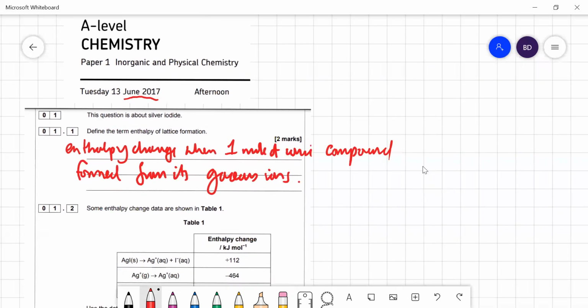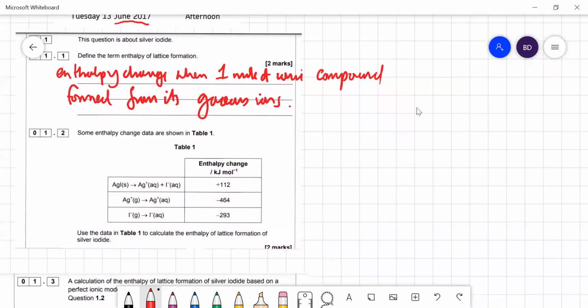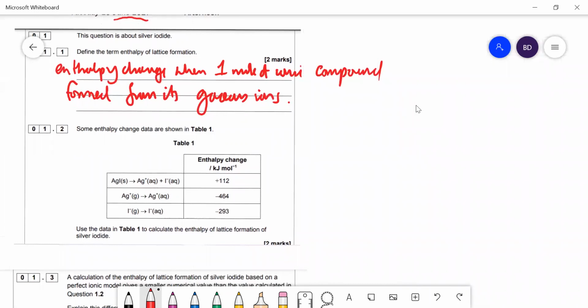Okay, so some enthalpy change data is shown below. So it's giving us, right, this is called a delta H solution, when you dissolve 1 mole of the ionic solid in water. This is the hydration energy of the silver ion, and this is the hydration energy of the iodide ion.